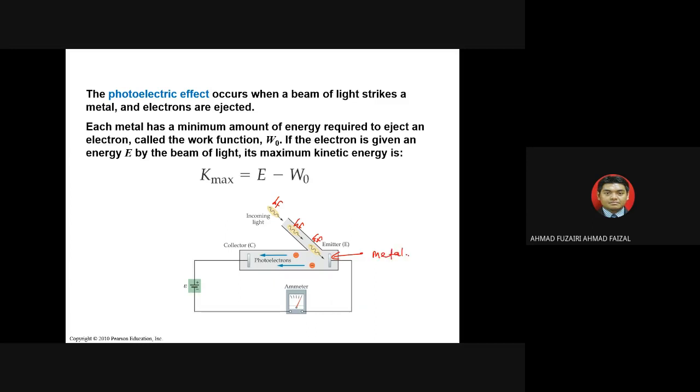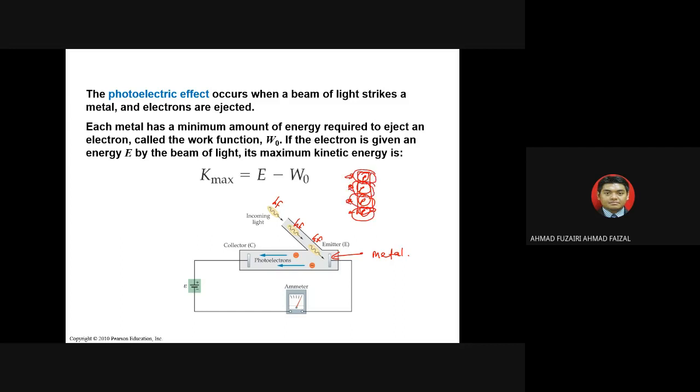Remember that metal is made from atoms, and because metal is a solid, the atoms are arranged very close together. In each atom, the protons are on the inside, while the electrons are on the outside, orbiting each atom.